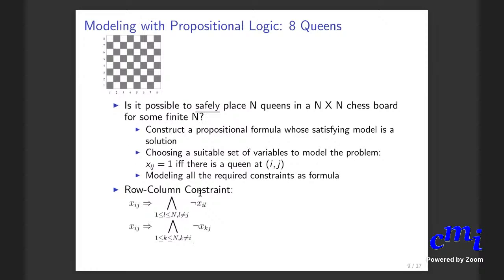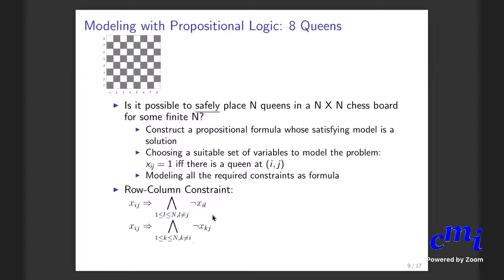Then you take the conjunction of each of these constraints, and that will be your mega formula, whose satisfying instance will give you a solution.